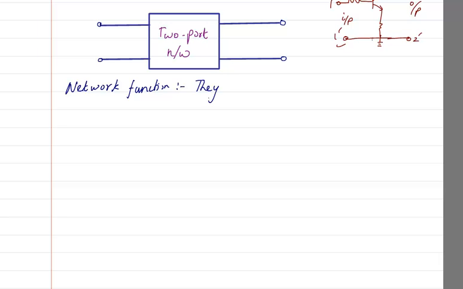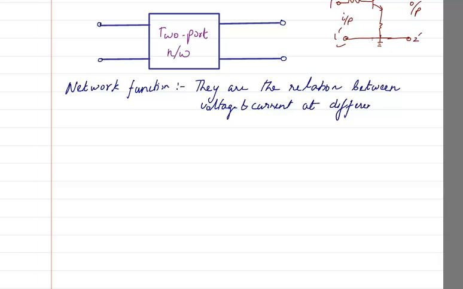They are the relation between current and voltages, or voltages and current, between voltage and current at different ports or parts of the network.